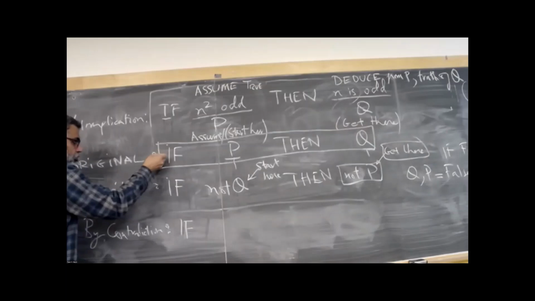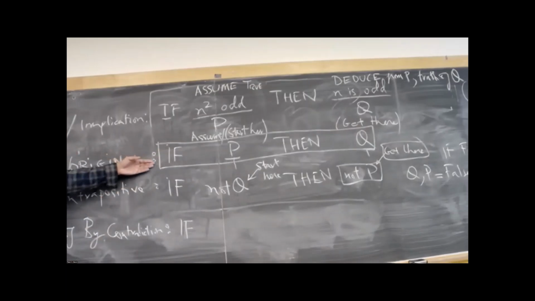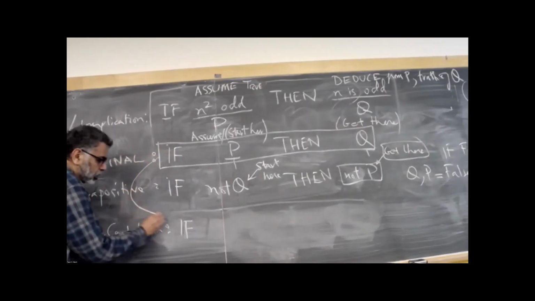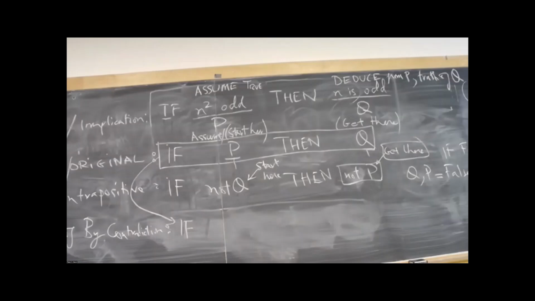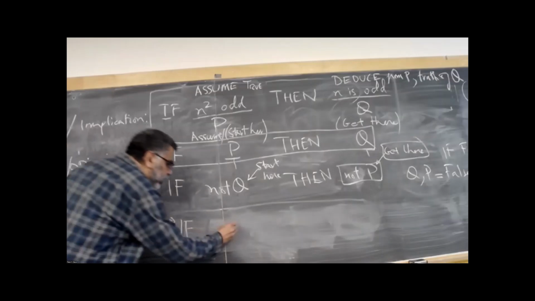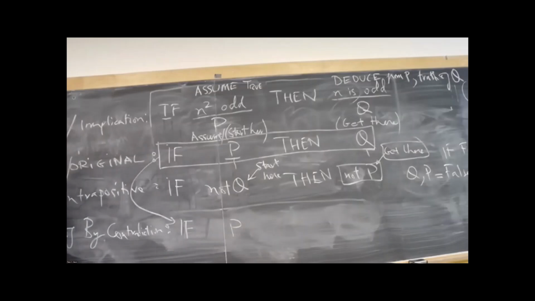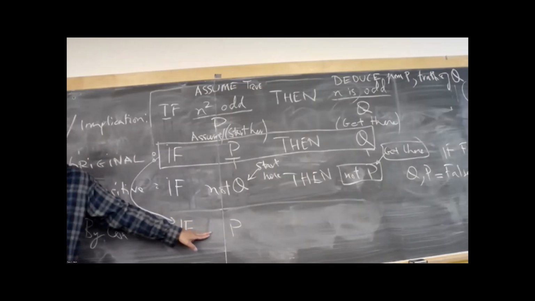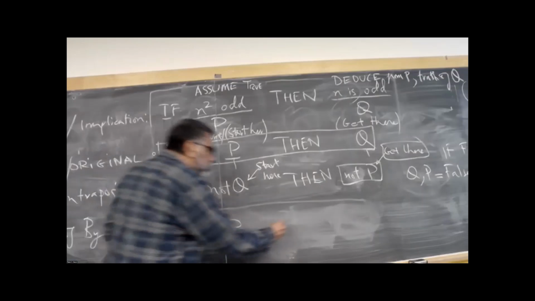So we are going to reformulate the implication so that we can do a proof by contradiction. And how do we do that? We keep the P here. We don't mess with the P. We still get to assume it true, okay?